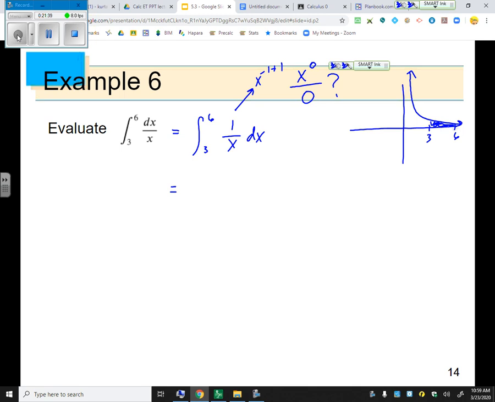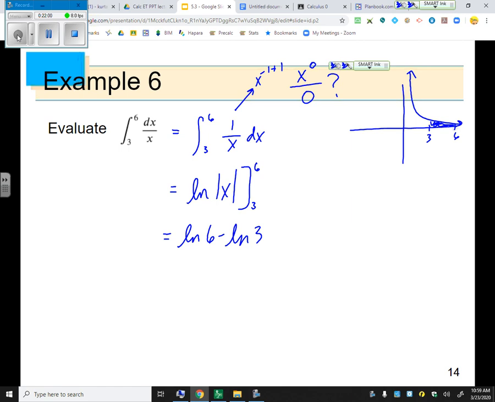But I urge you to remember that the antiderivative of 1 over x is the natural log of x, actually the natural log of the absolute value of x. And I can evaluate that from 3 to 6. So I get natural log of 6 minus the natural log of 3.